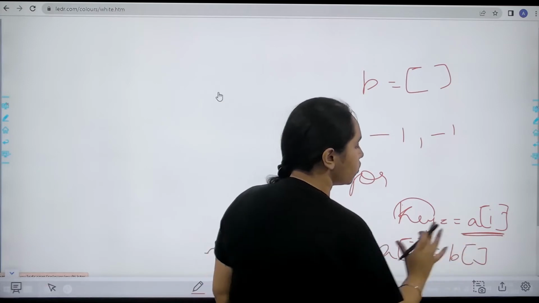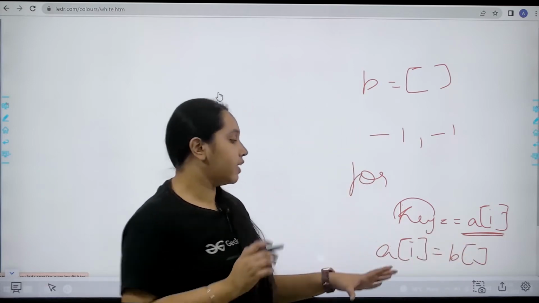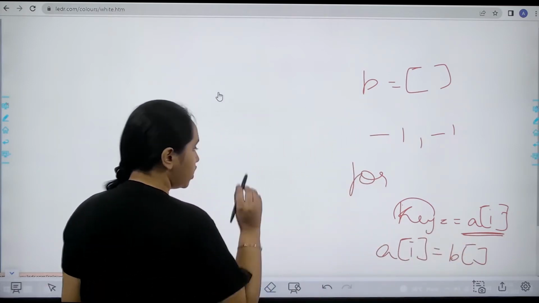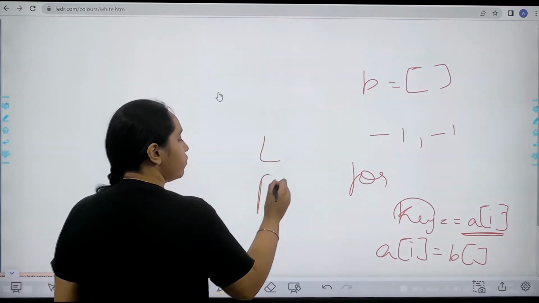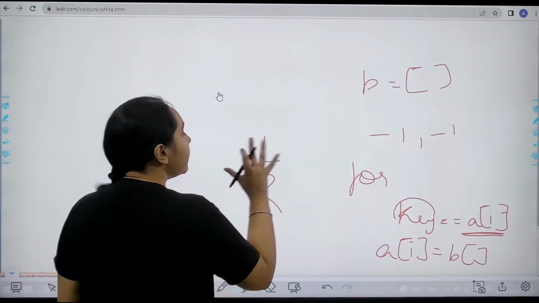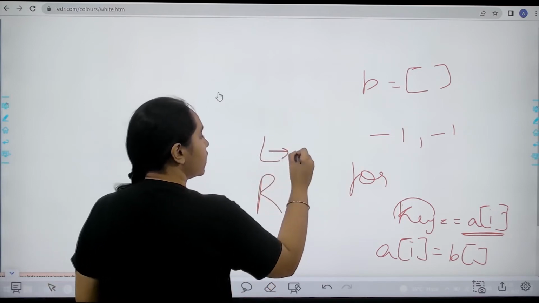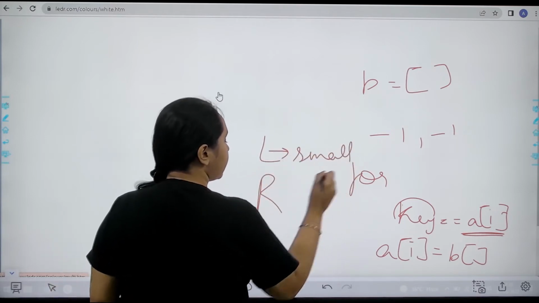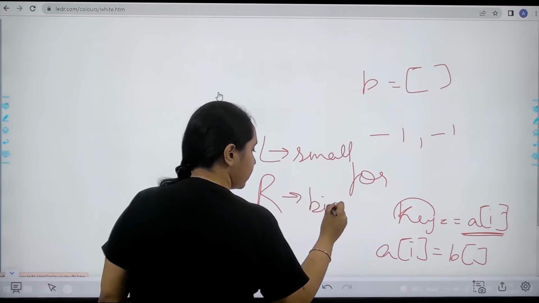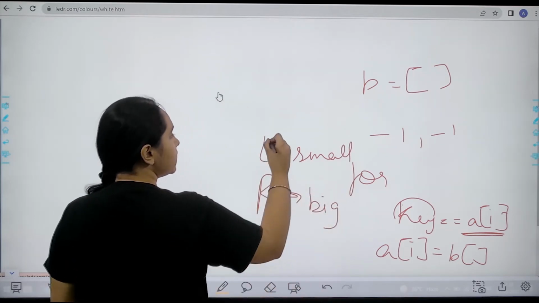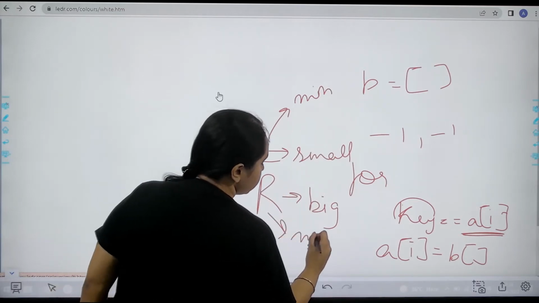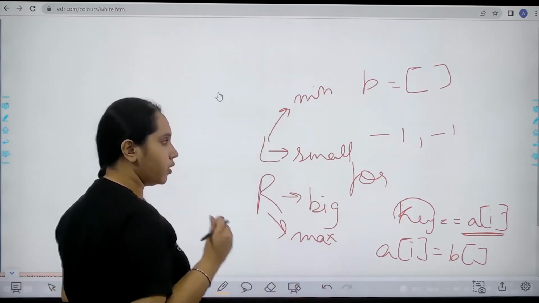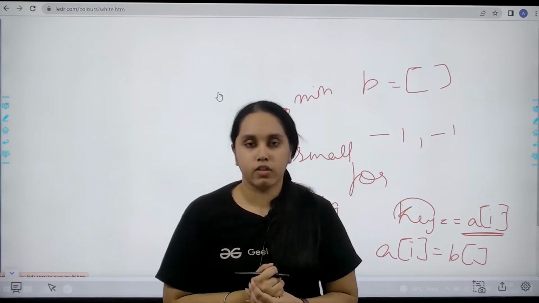Once I have stored the index positions, I will have two values, one from the left side and another from the right side. Logically the left side value will be small and the right side value will be big, so this represents the minimum value and this represents the maximum value. This is how we are going to solve this question.